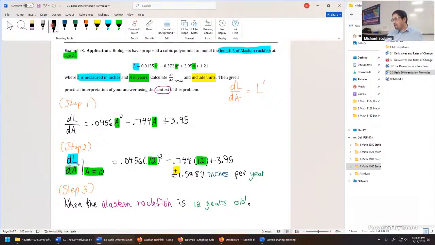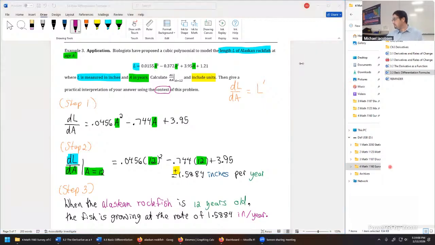We'll say the fish is growing at the rate of 1.5884 inches per year. So specifically at that age of 12 years.